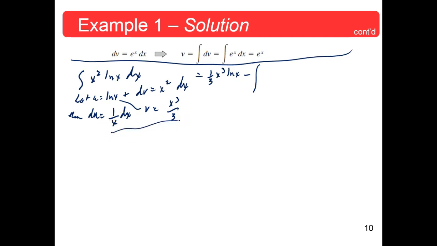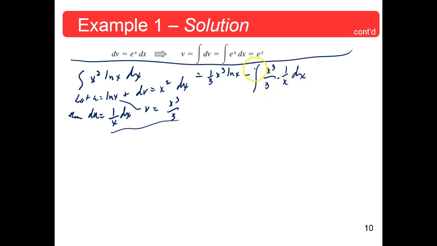Basically the bottom line here. What is that? So just be x cubed over 3 times 1 over x dx.